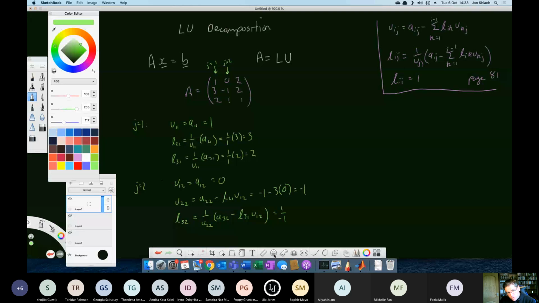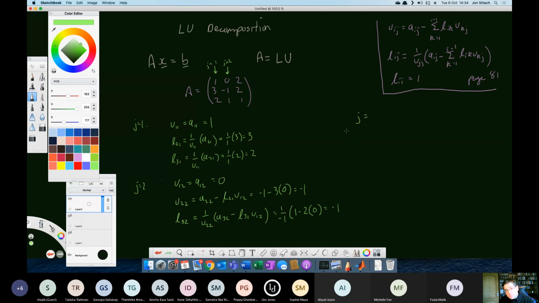So that's 1 over minus 1, because that's what U22 was, times A32, which is 1, minus L31, which we calculated to be 2, multiplied by U12, and U12 was 0. So L32 is minus 1. This is the first one where we've actually got a different value.